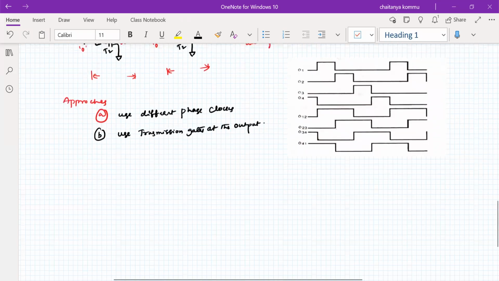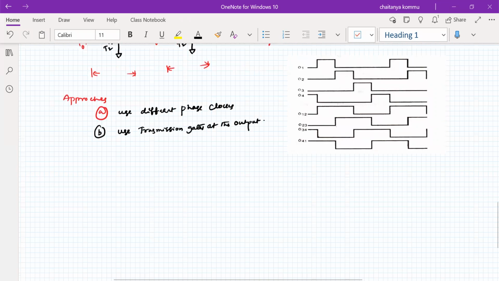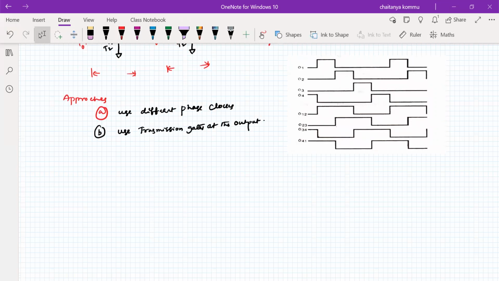So what is the transmission gate we normally consider? We have a pull-up network. This is approach number A, and this is approach number B. Of course, here also we use multiple clocks only. A single phase clock is not at all suitable for implementation in a cascading fashion.